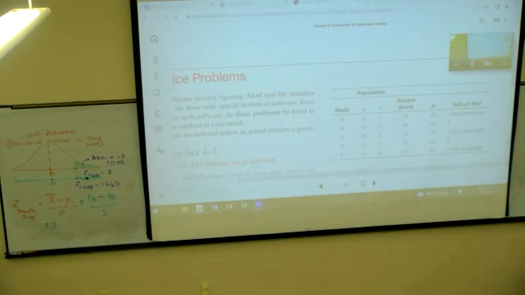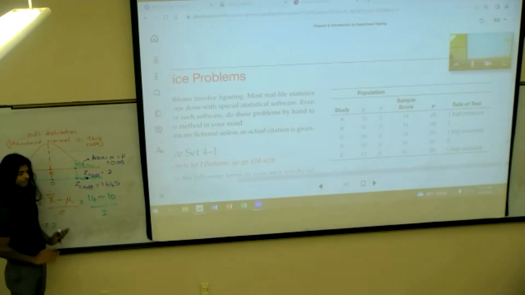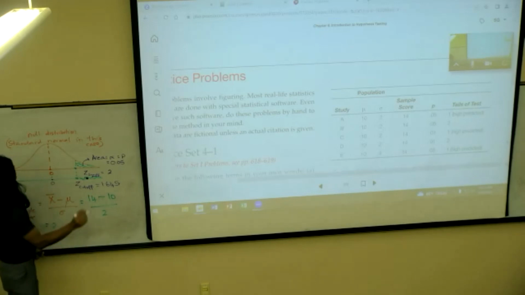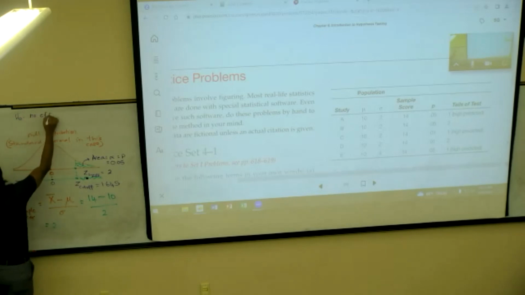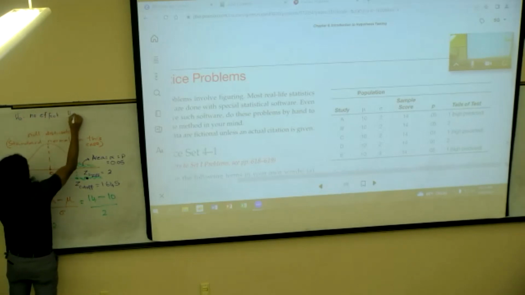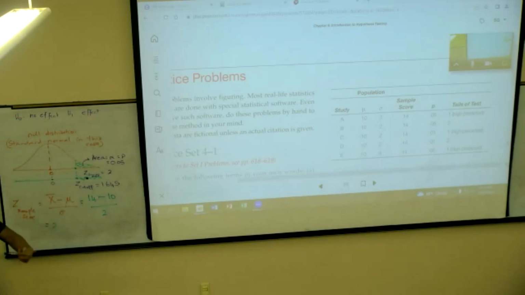I can simplify the notation. It's easier if I write it out. So the sample score falls in the shaded part of the real number line, which is the rejection region. Should I reject the null? So null means no effect. Alternative, there is an effect. Effect is what you test for.